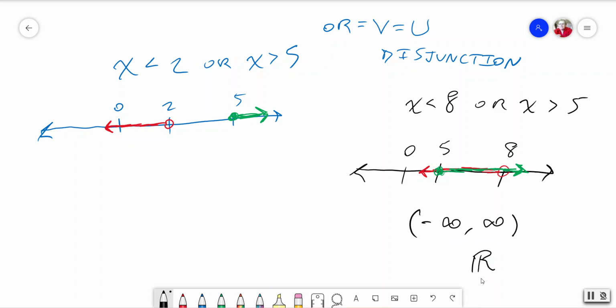So in this case, this is called strong disjunction, and this is weak disjunction.